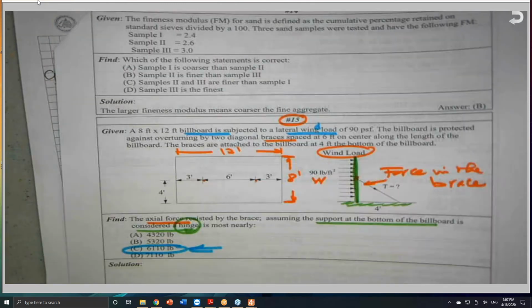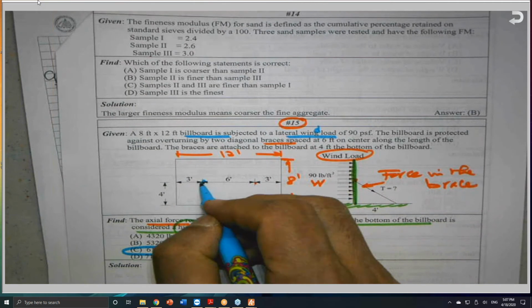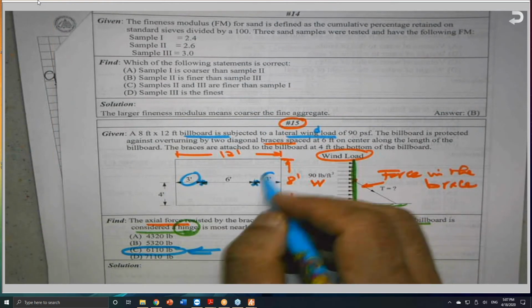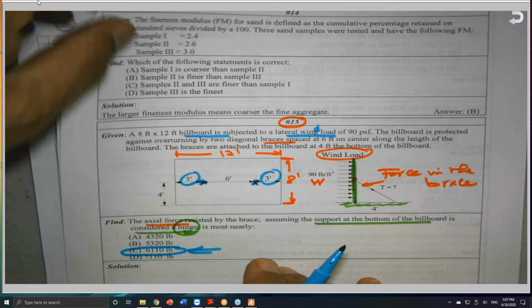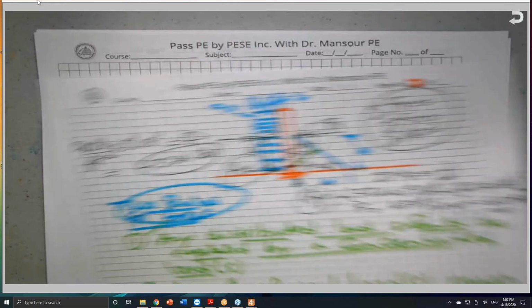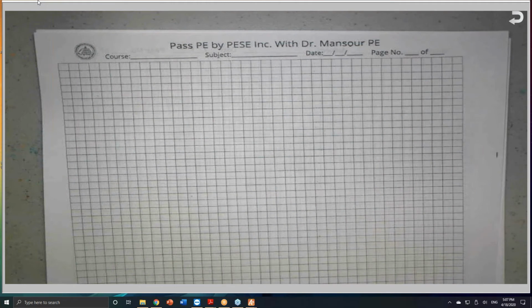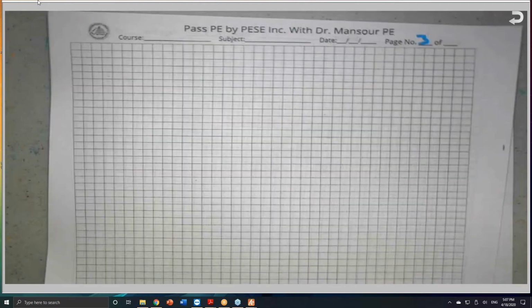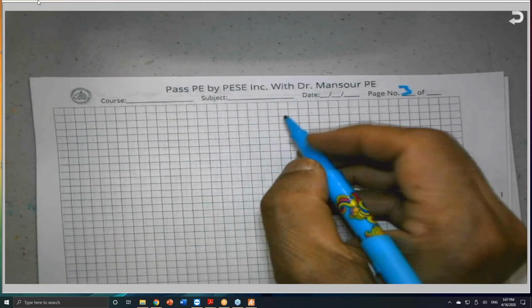This is if the two braces are equal distance from each edge. So the scenario might be, to make it a little bit difficult, that he might make the braces not symmetrical.